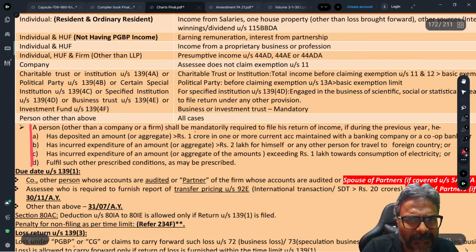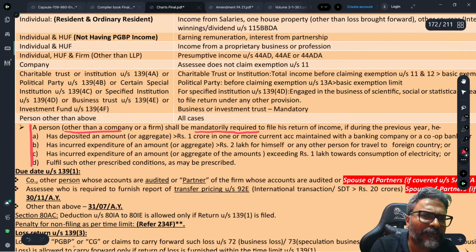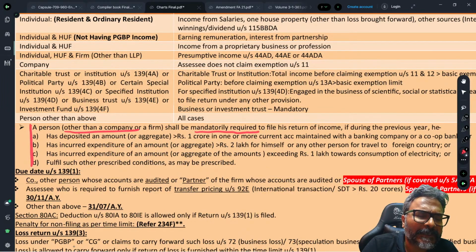Now, even if, supposedly, the individual and HUF, a company and a firm are always obligated to file the ROI. But let's look at the individual and the HUF, or the AOP or BOI, or the artificial juridical person, for whom the obligation to file the ROI will arise only if the GTI before applying the exemption of 54 series has exceeded the basic exemption limit.